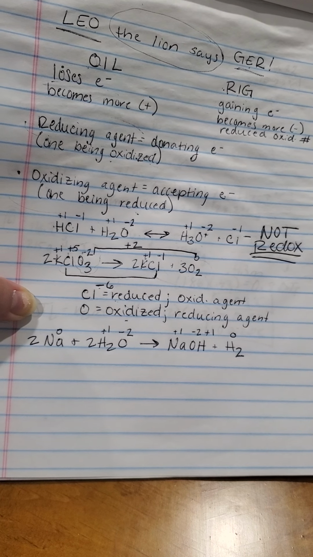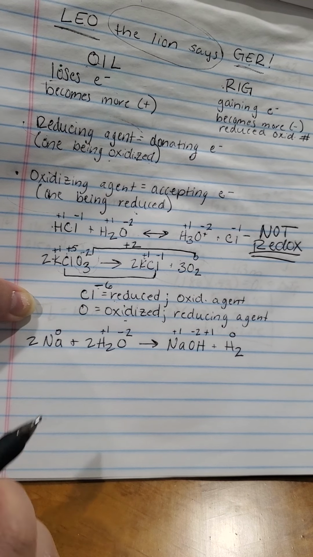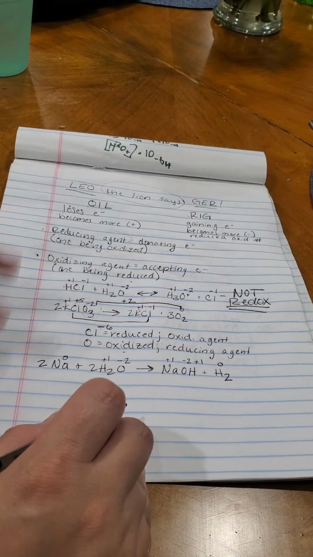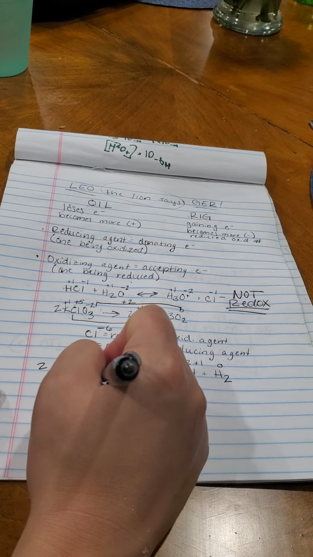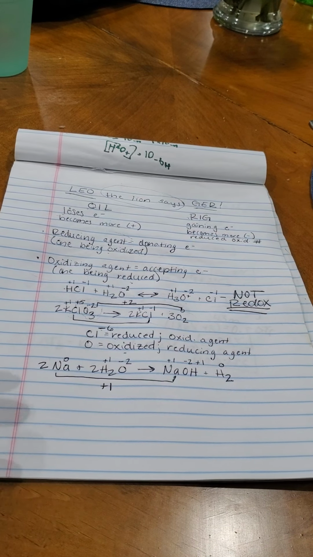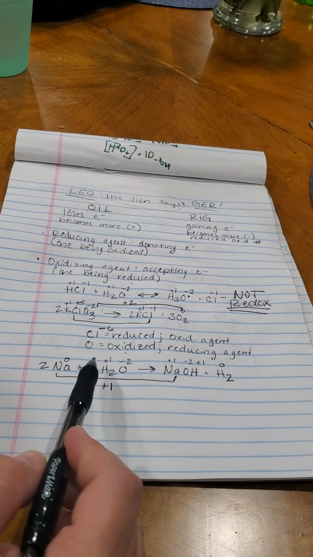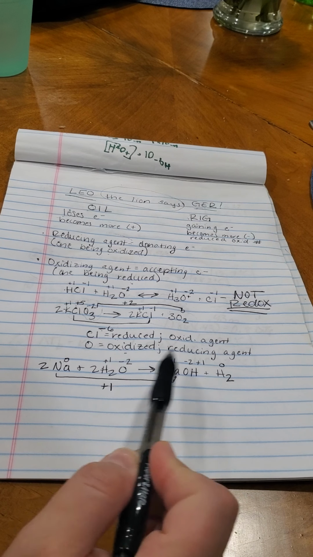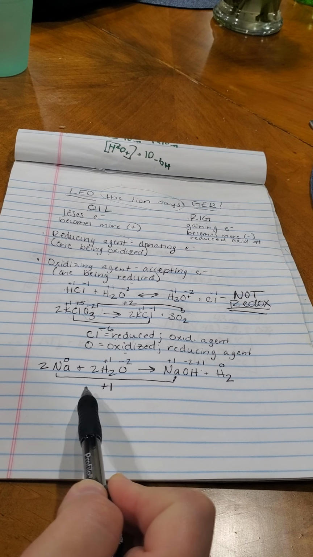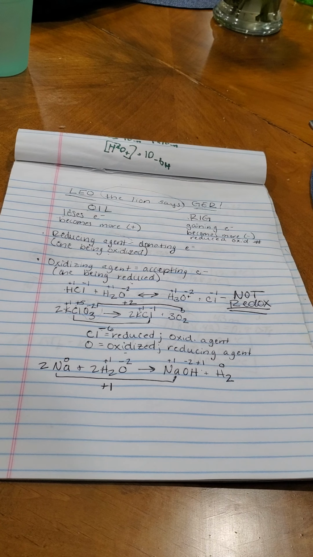All right, so let's look. So sodium is going from no oxidation number at all to +1. So to go from 0 to +1, that one's easy, +1, okay? So we are losing 1 electron. And then hydrogen goes from +1 to +1 here, and then +1 to 0 there, okay?